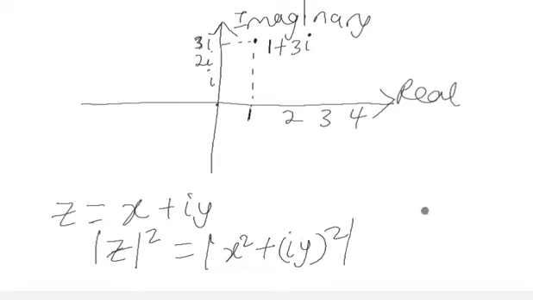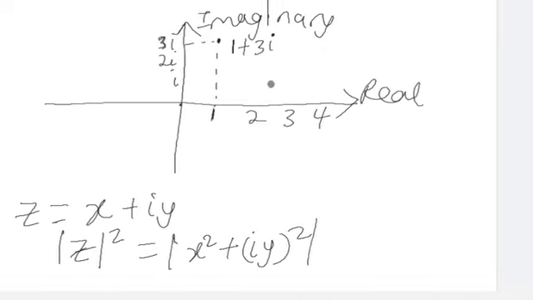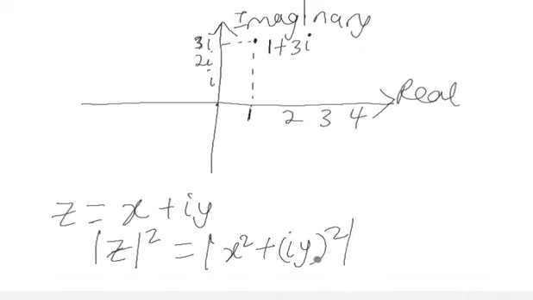Then we have z squared: we have x squared, and remember I said i squared is minus 1, so here we have i squared as minus 1.